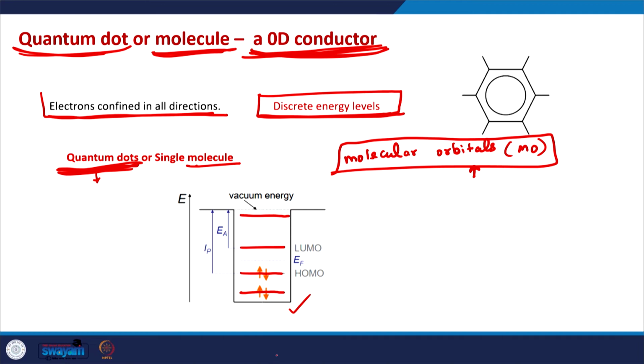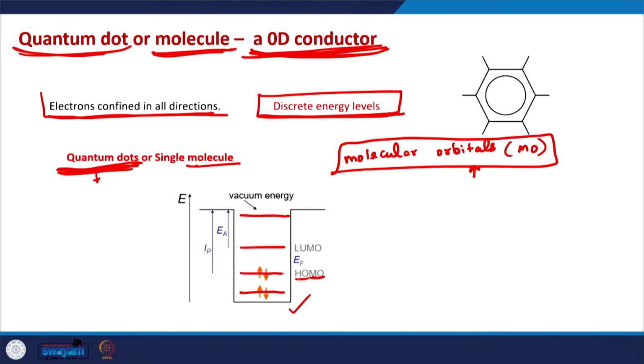So, there are several important terms here. One is the molecular orbital up to which electrons are filled in a quantum dot or in a molecule, which is known as the highest occupied molecular orbital, or HOMO.